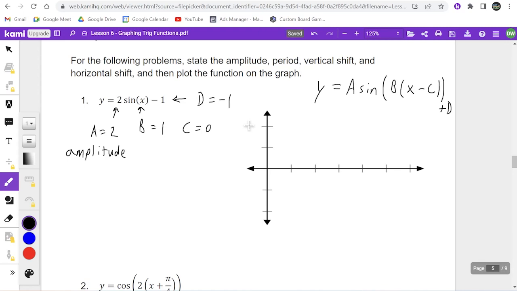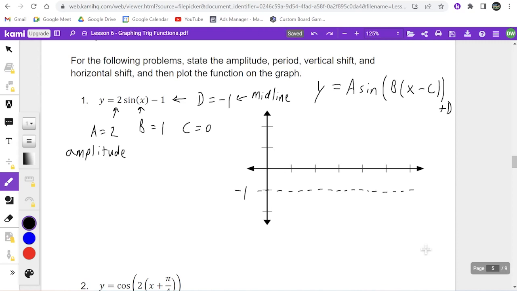Another thing to know about D is that it's important because I call it the midline. The midline is where the sine and cosine graph is all going to go up and down around. So for instance, if this is negative 1 down here, I'm just going to draw a dotted line all across negative 1 because I know it's going to look something like this, where it's going to go up and down around that line.